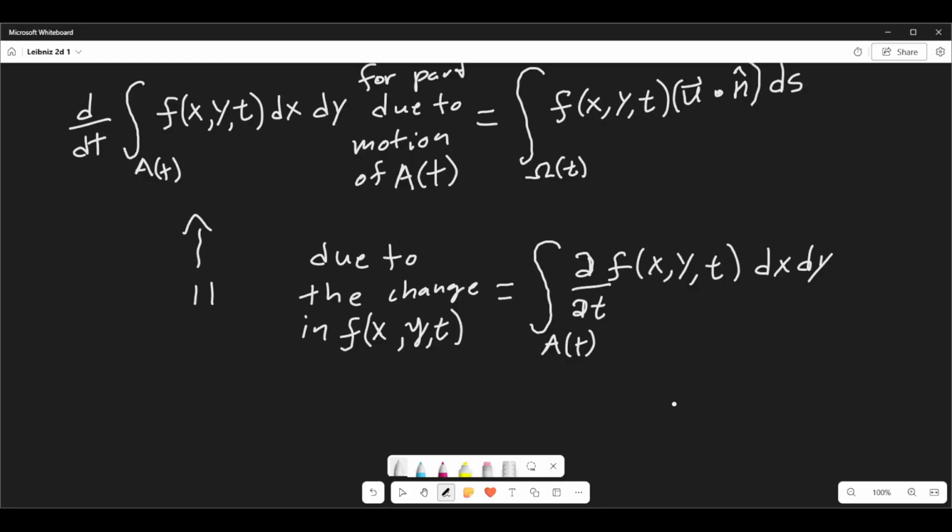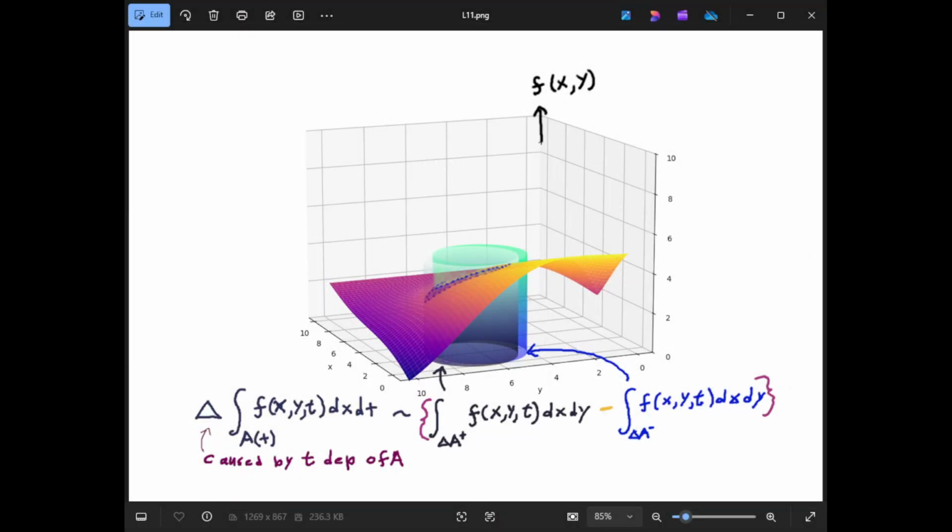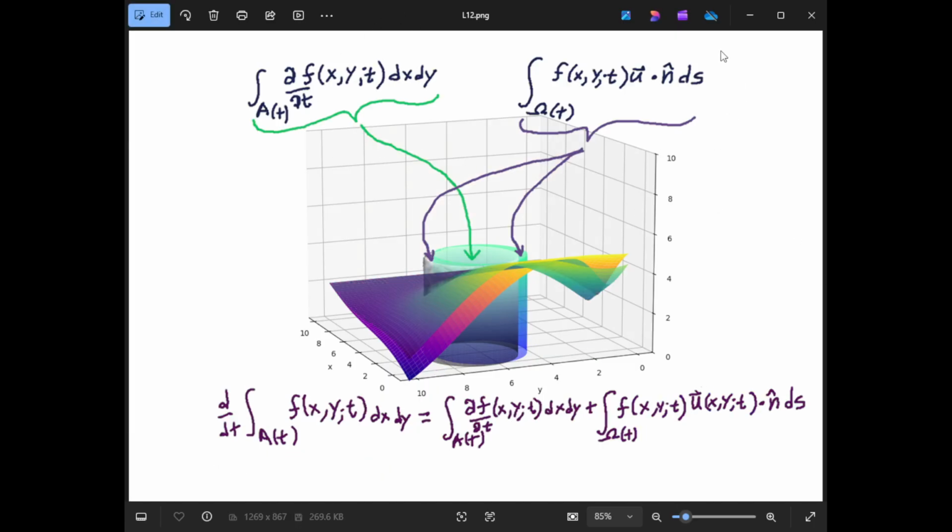So, to write this whole thing out, I think I'll go over to the graph first. Let's go to the graph. So looking at the graph, this is basically what's going on.